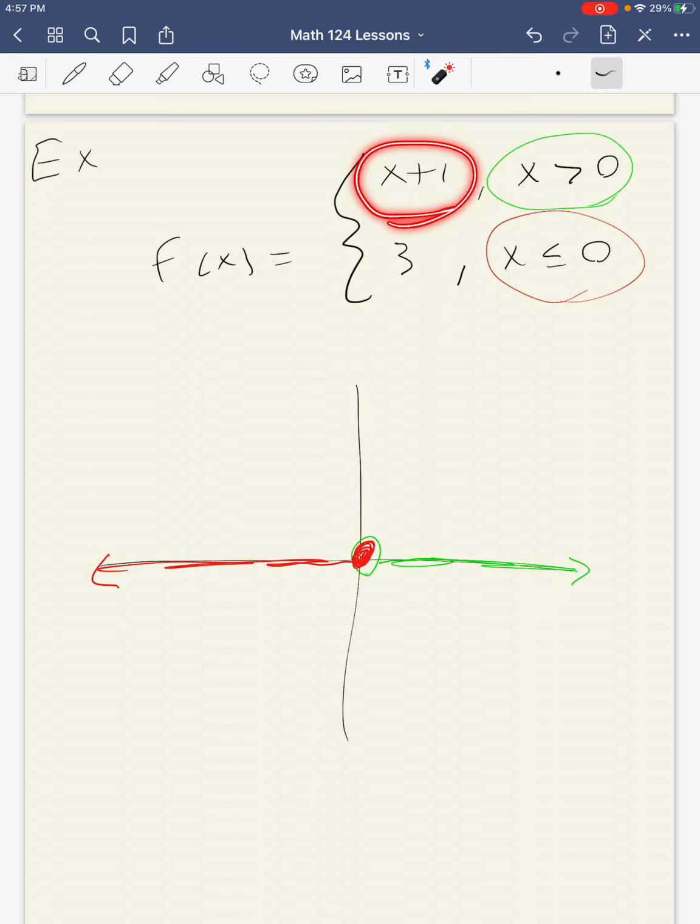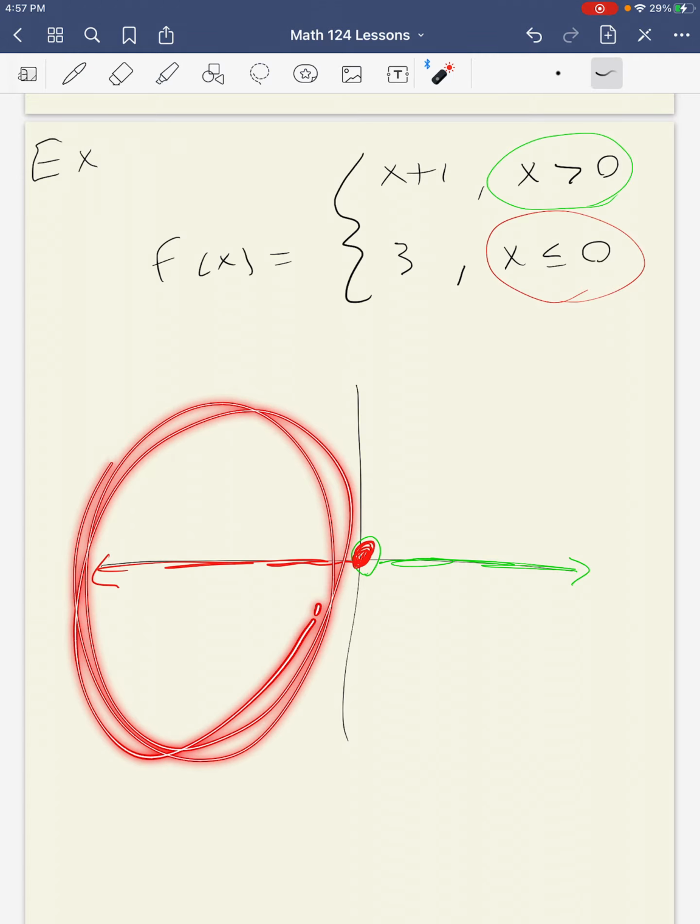So on the green piece, we consider x plus 1. Right? And that's sort of an mx plus b form. It has a slope of 1, y-intercept of 1. So that's pretty easy to graph, but be careful, because we don't want to graph x plus 1 on this red piece. We only want to graph it on the green piece.